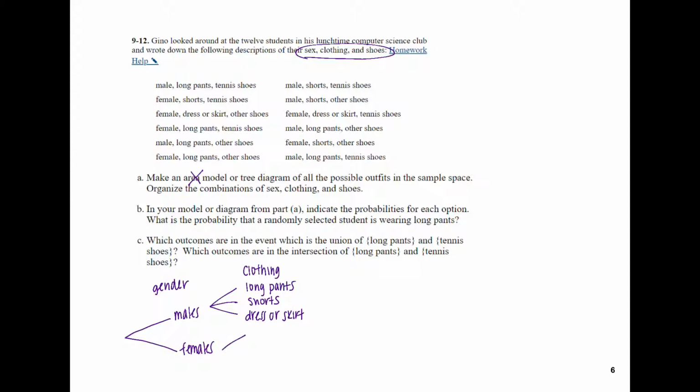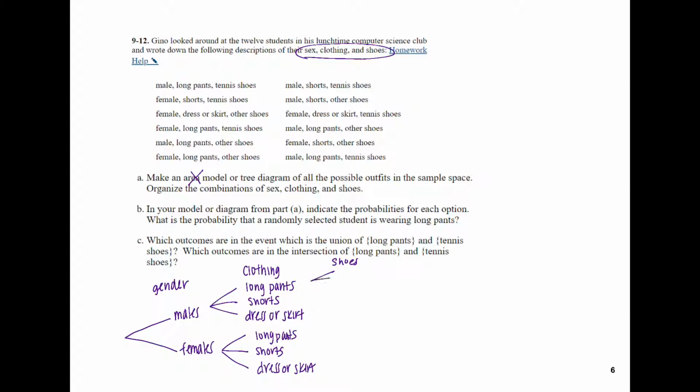and our females have the same three things to choose from: long pants, shorts, dress, or skirt. We then have two types of shoes.